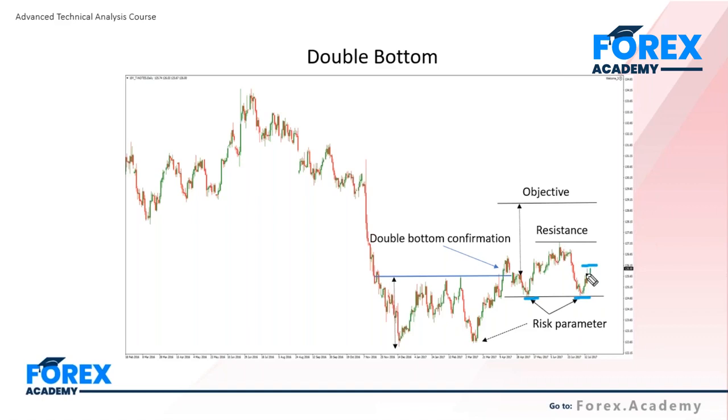So we are not just in this example applying our focus on the double bottom, we're looking at how price action behaves subsequent to the double bottom confirmation, and then that can provide us with information in terms of how we should be using that to potentially capitalize. In other words, look at taking on board trading opportunities.